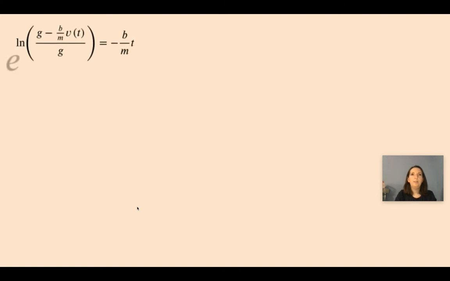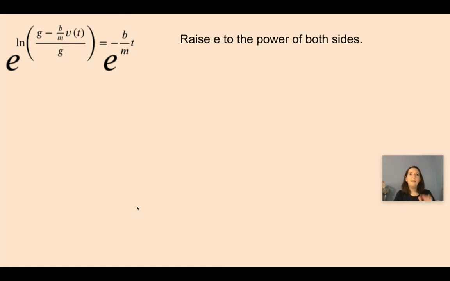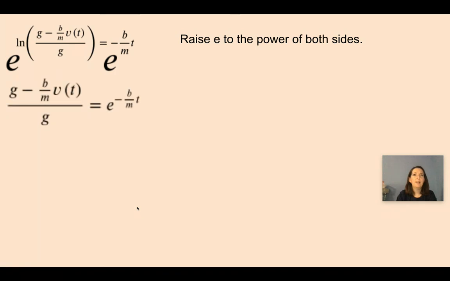And now I'm going to throw an e down there. So I'm raising e to the power of both sides. That's glorious because on my left-hand side, that e gets rid of that natural log, and I just get whatever was in the parentheses right here. And then I get e to the negative b over m times t. Groovy.